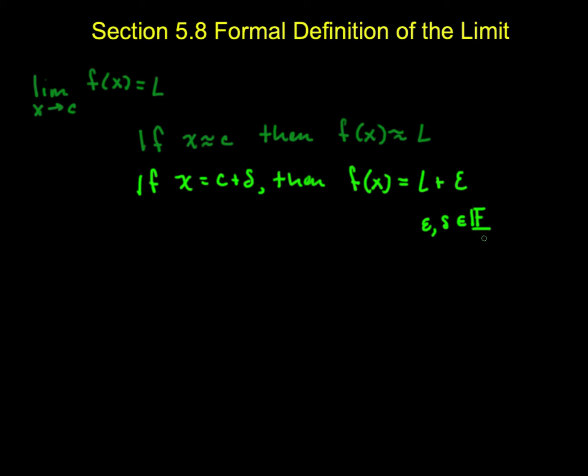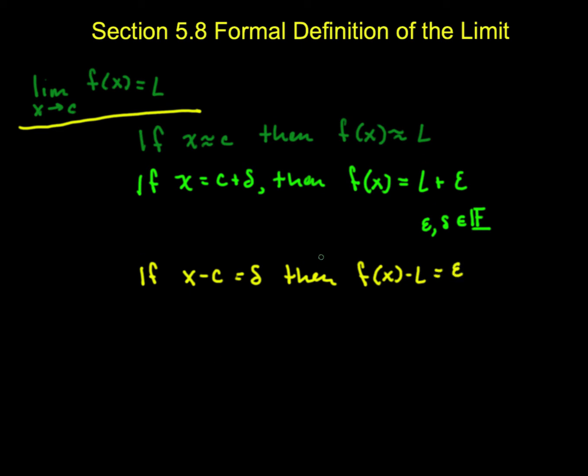So another way we could have looked at this, instead of having equality, I could have subtracted here. So these are all equivalent statements of saying the exact same thing. This limit exists. So let's subtract. So if x minus c, if the difference is an infinitesimal, then f of x minus L is an infinitesimal.